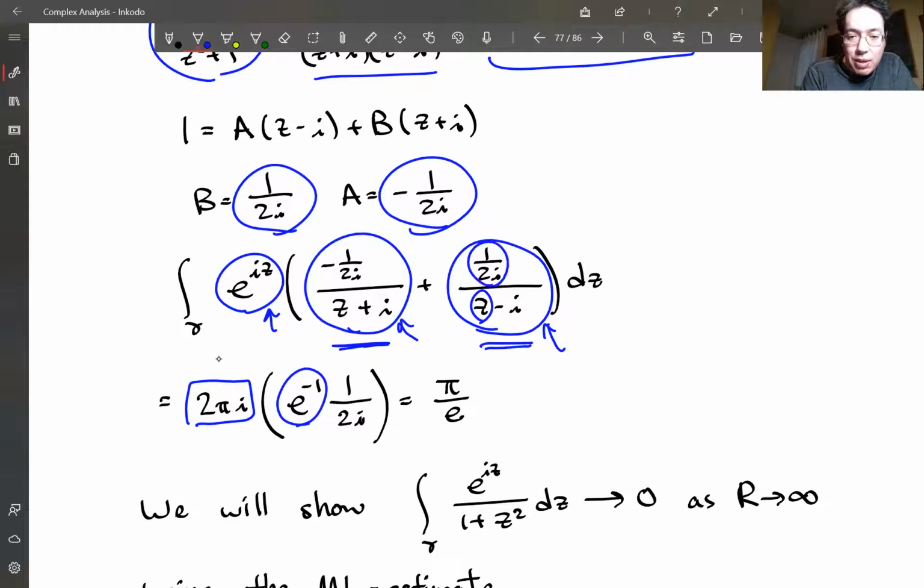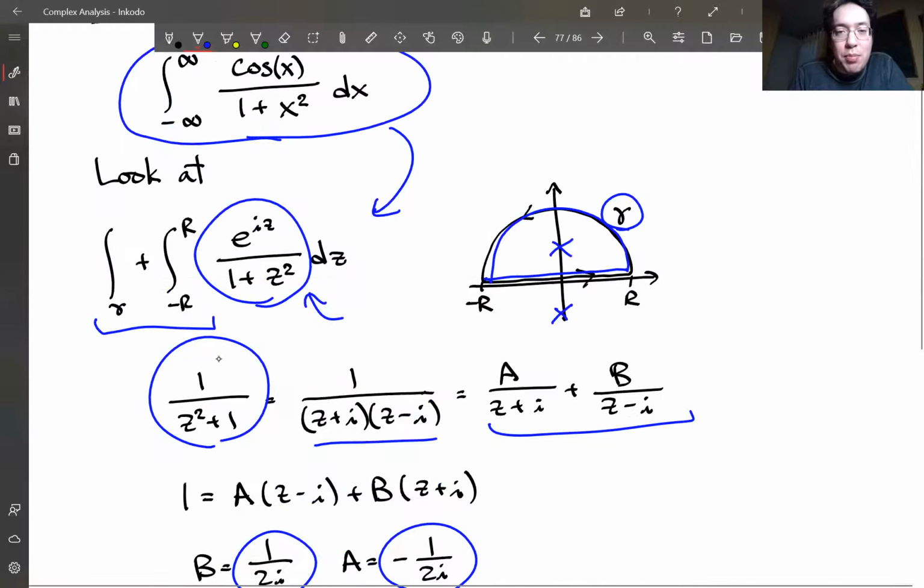And we also have that coefficient 1 over 2i there. The 2 and i cancel out, and we just have pi divided by e. Okay, so we've computed the loop.